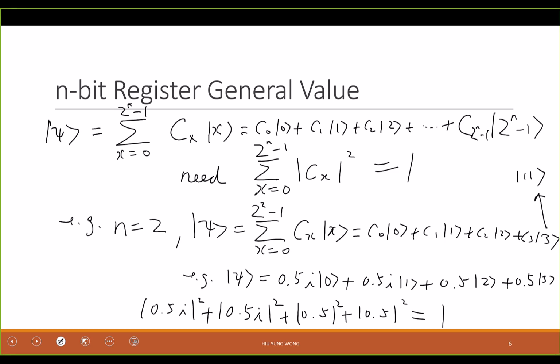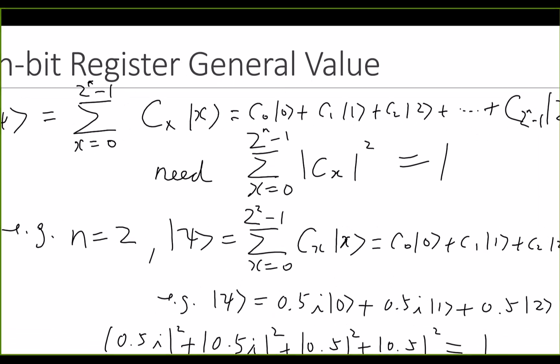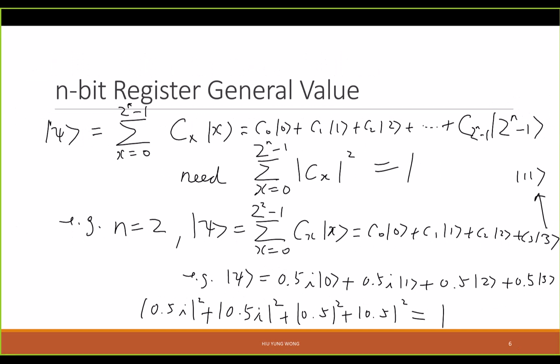Say again? What happened to the i? You tell me. What is i? Square root of minus 1. And then what is the magnitude? Magnitude is 1, right? I mean, it doesn't hurt to keep visiting the basics. i squared, the magnitude squared, is nothing but i times i star, right?